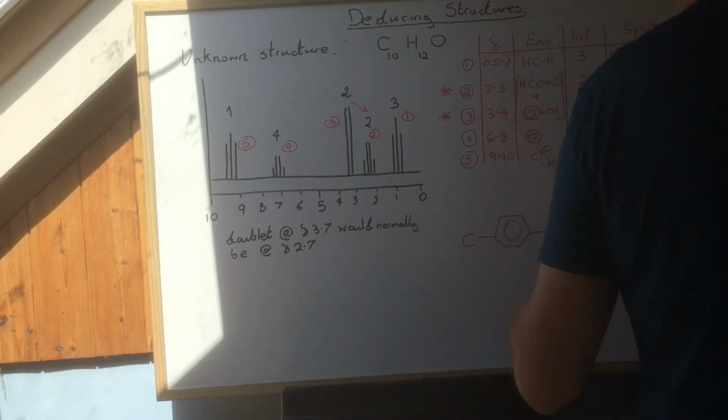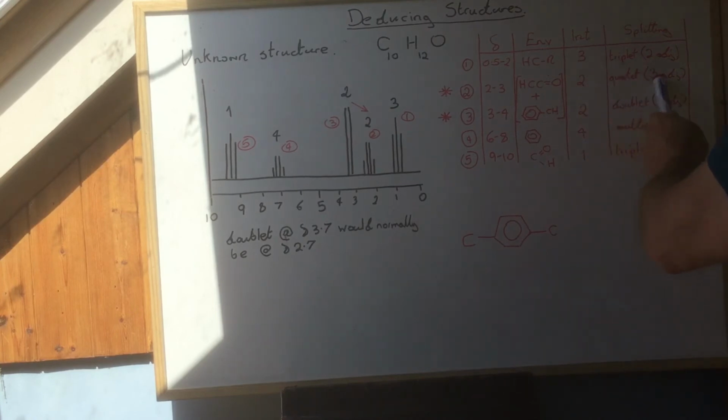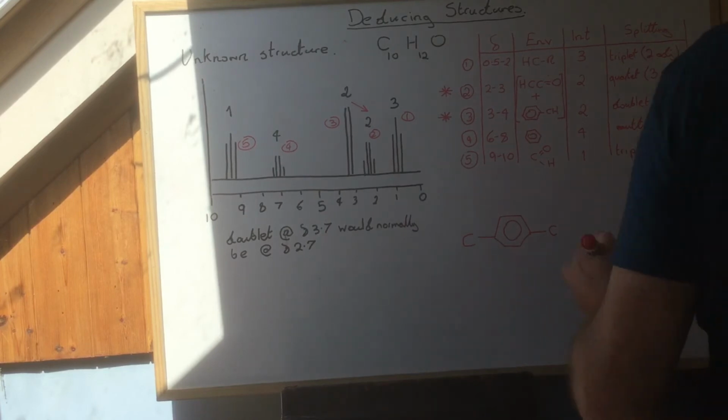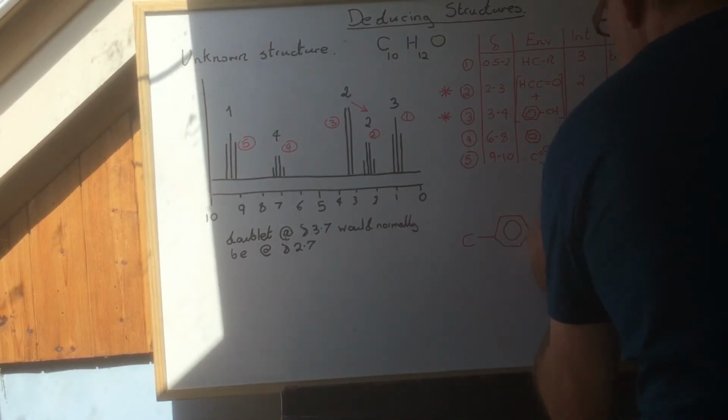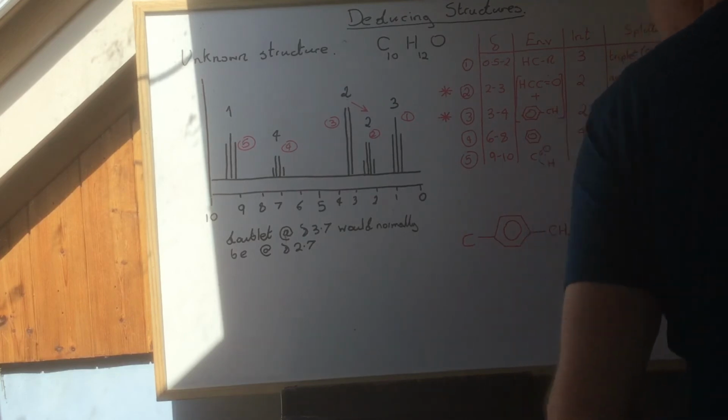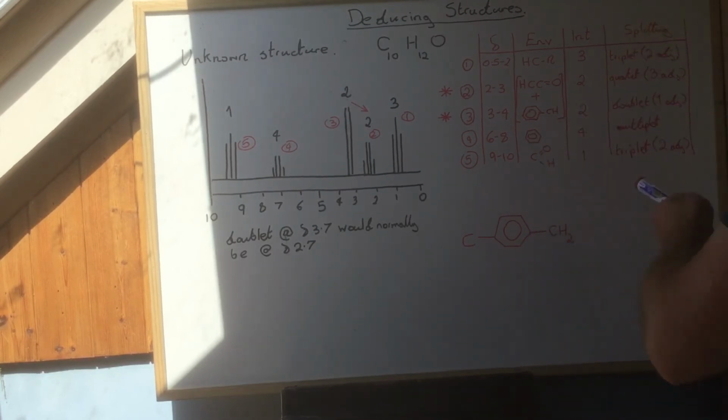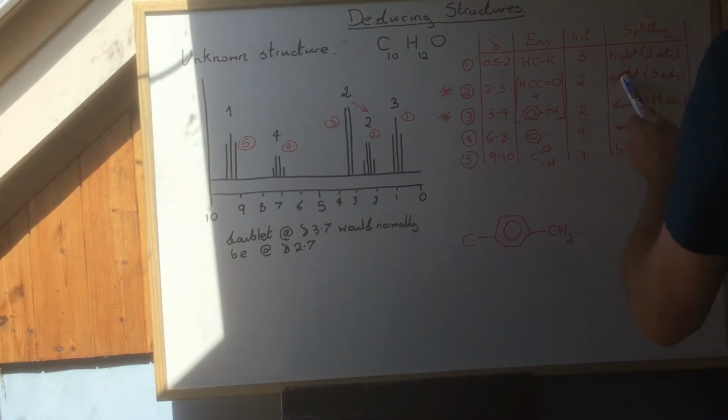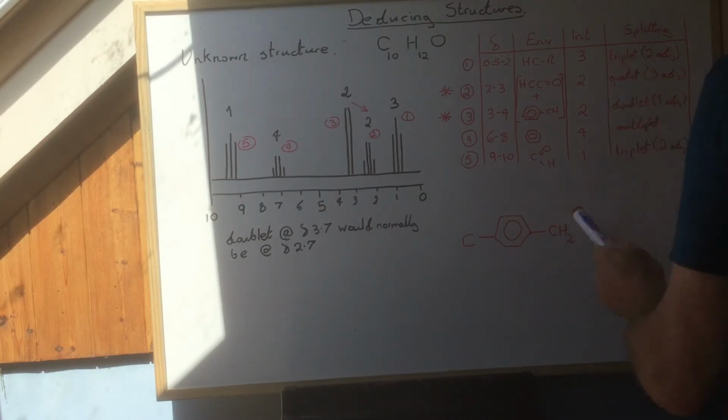So 2 split into 3, split into 4 by 3. 2 protons could be joined to a benzene ring, which will put it in the right place, and then split into a quartet, those 2, indicating that there must probably be 3 adjacent protons, maybe a methyl group at the end, which would then subsequently be split into a triplet by the 2 adjacent to it.